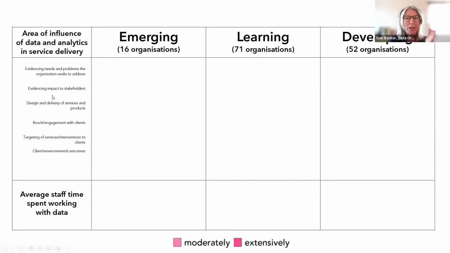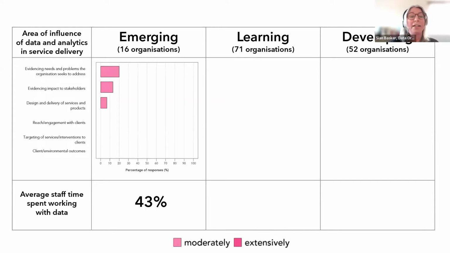We also just wanted to hone in on where organisations said that they were working moderately or extensively. What we found for emerging organisations is typically their staff time working with data was 43%. And in terms of benefits and rewards, they were pretty poor.